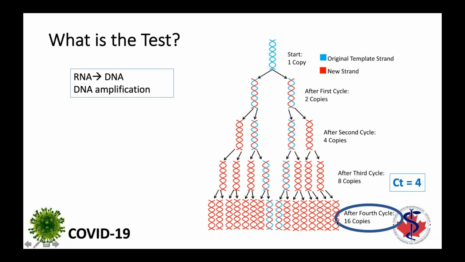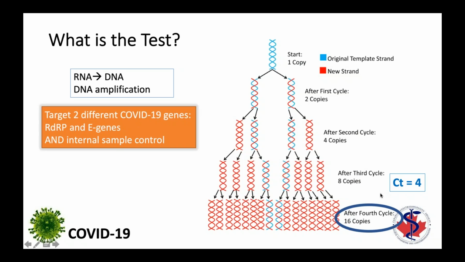By the fourth cycle, this is referred to as a CT of 4, or a cycle threshold of 4. And this is really important because it allows us to quantitate the amount of DNA in the sample. So if you start out with 1 copy, after 4 cycles you end up with 16 copies. If you start out with 4 copies, it only takes 2 cycles to generate the same number of copies. And that reflects a larger starting number of DNA that's present in the sample.